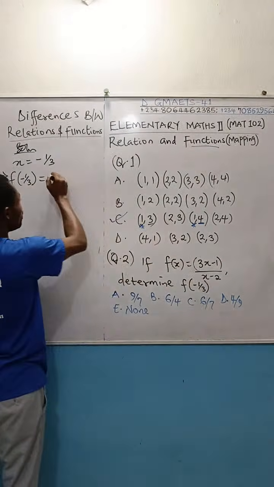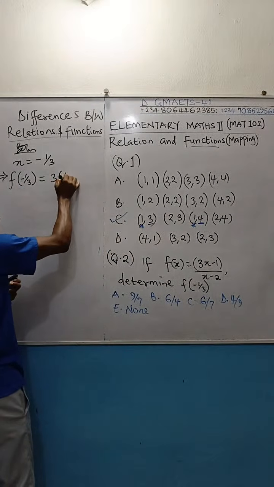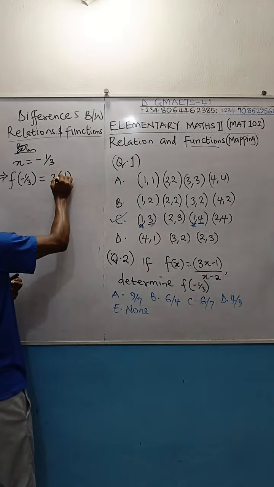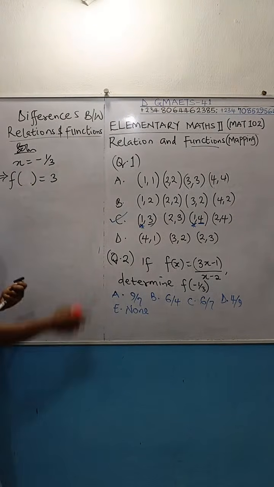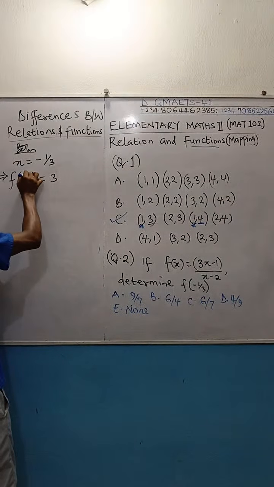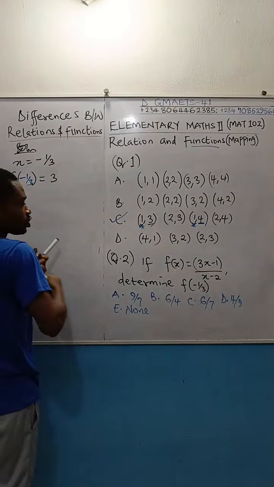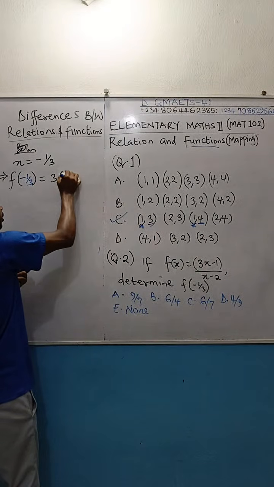Come over here, this is going to be 3 times, in place of this x, you fix minus 1 over 3. Let me use a blue marker to fix those things for you. So where is this? Minus 1 over 3. So this is going to be 3 times minus 1 over 3.